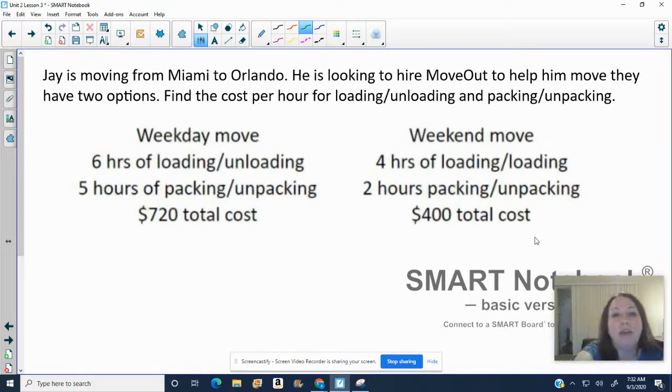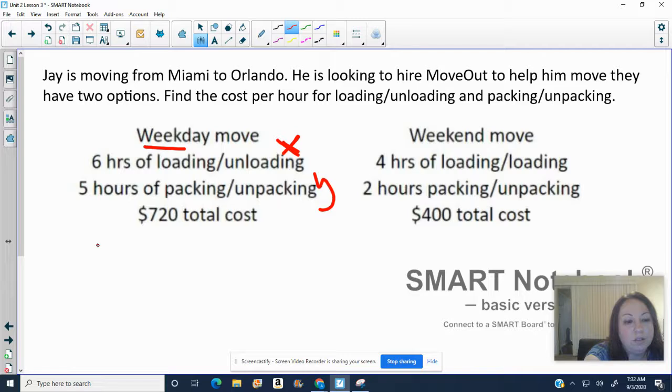So I'm going to look at my weekday option first. The weekday option says 6 hours of loading and unloading. Whatever that first thing that's listed is, in this case loading and unloading, I'm going to call that X. 5 hours of packing and unpacking, I'm going to call that my Y, and I'm going to set up a real easy equation to solve.